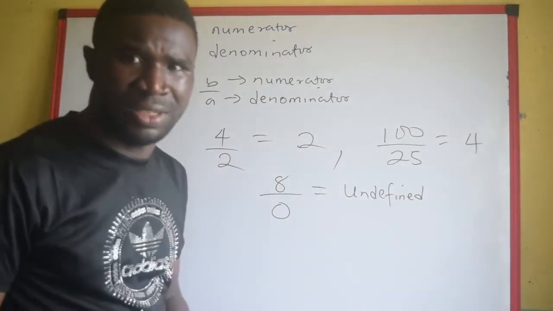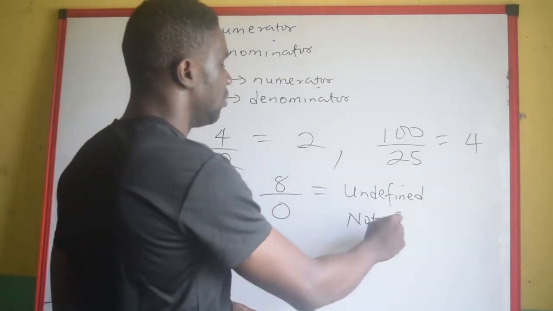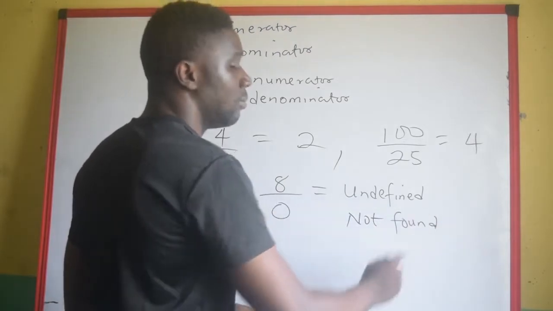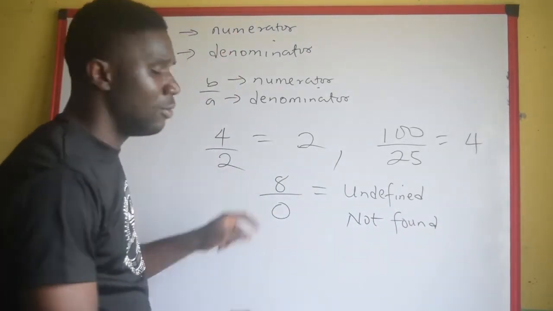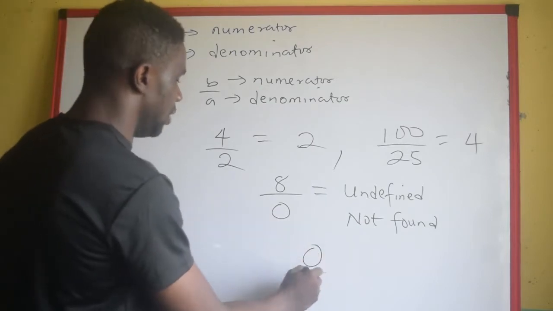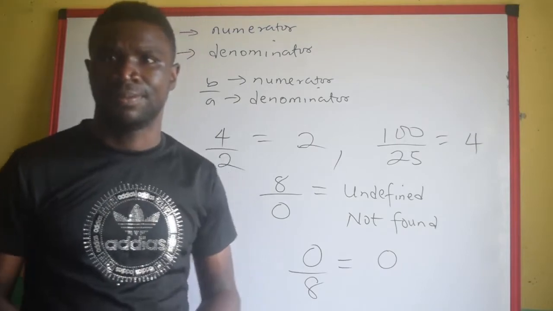The calculator writes undefined. Some calculators can write not found. Now, supposing we take this 0 above. When you take 0 above, it becomes 0 over 8. The calculator will return 0 to you as the answer.